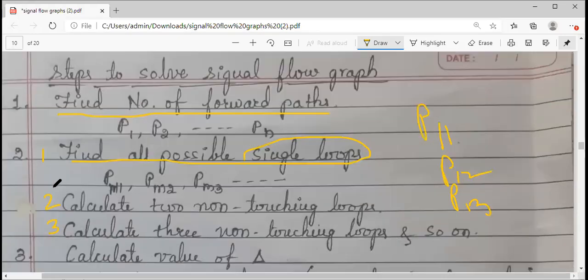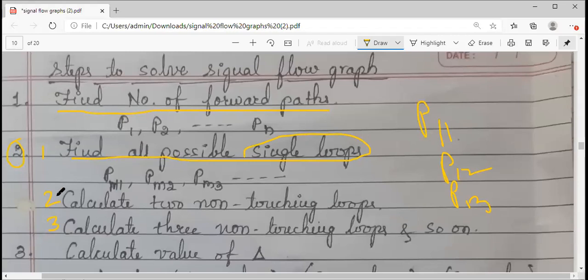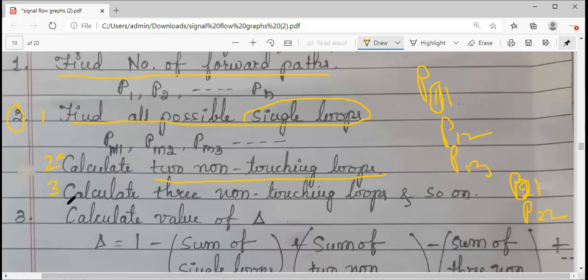Then the second sub-step is you need to find 2 non-touching loops. Say P21, P22 like that. This subscript 1 indicates single loops, this subscript 2 indicates 2 non-touching loops. And the third sub-step, you need to go for 3 non-touching loops, and this will continue and so on.